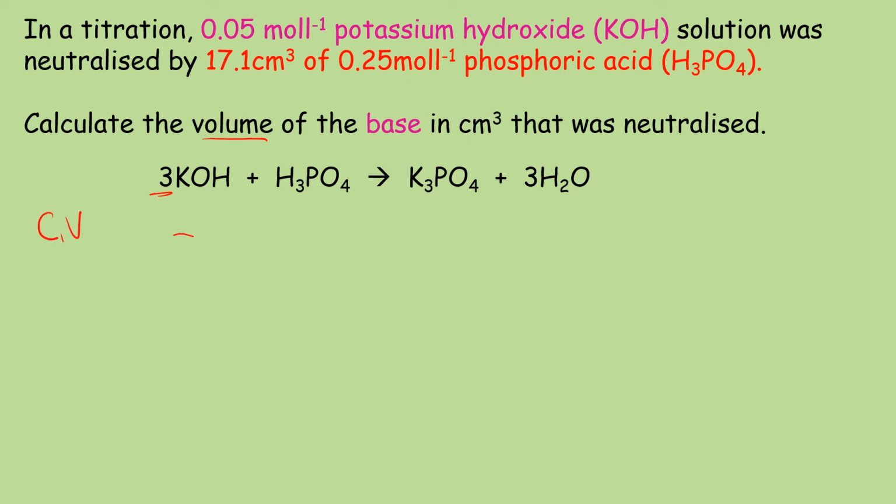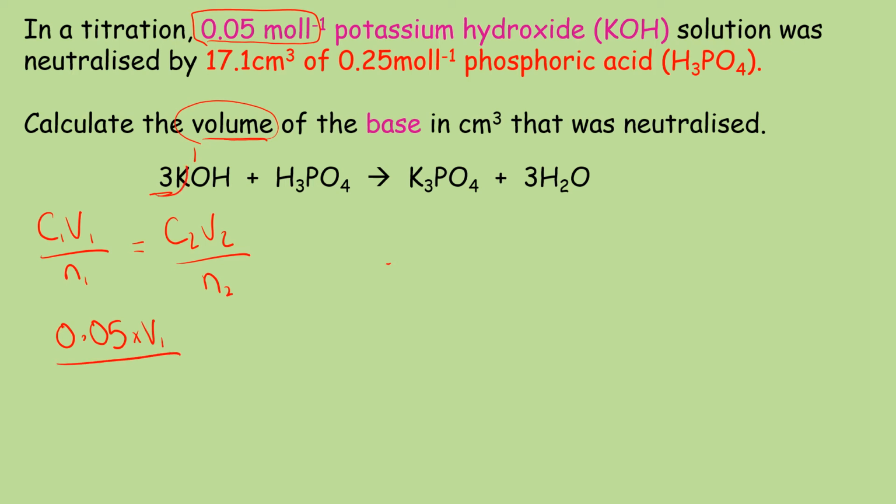C1 V1 over N1 is equal to C2 V2 over N2, same every time. In a titration, potassium hydroxide, which is going to be chemical number 1, its concentration, we're looking for moles per litre, remember, is 0.05. The question says calculate the volume of the base, so V1 is going to stay.